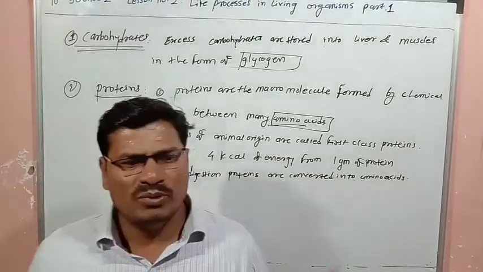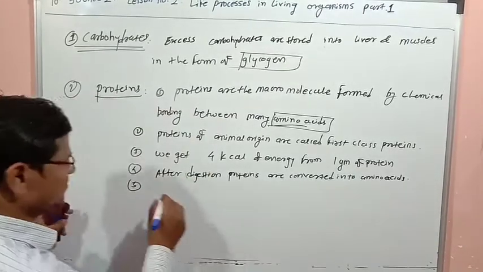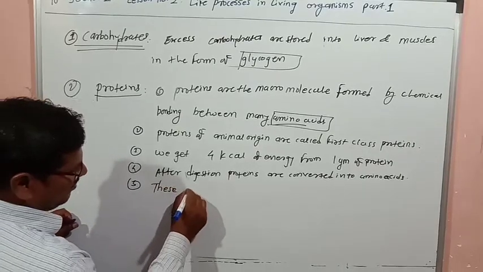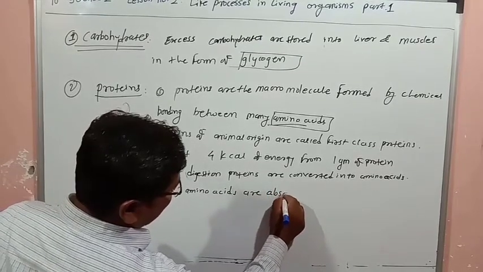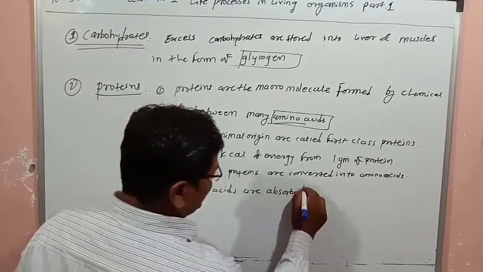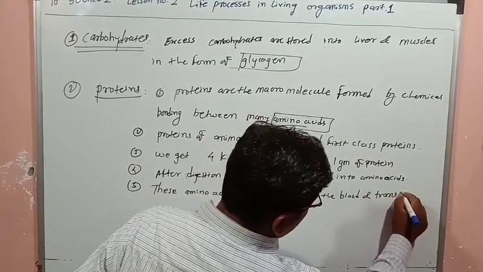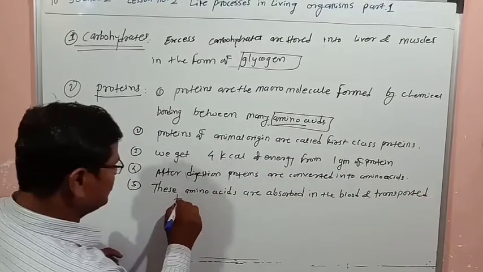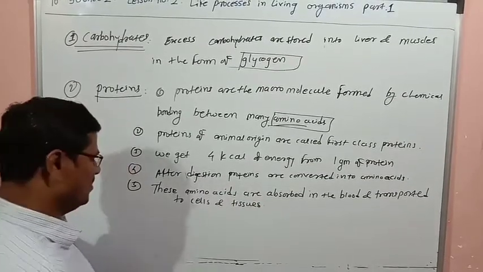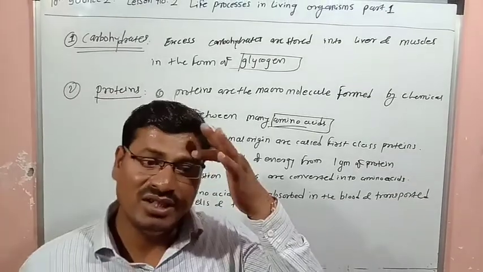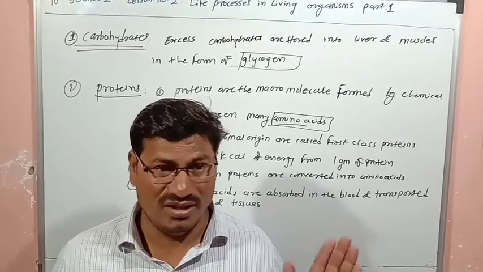Fifth point. These amino acids are absorbed into the blood and transported to the cells and tissues, that means to different organs and body parts.